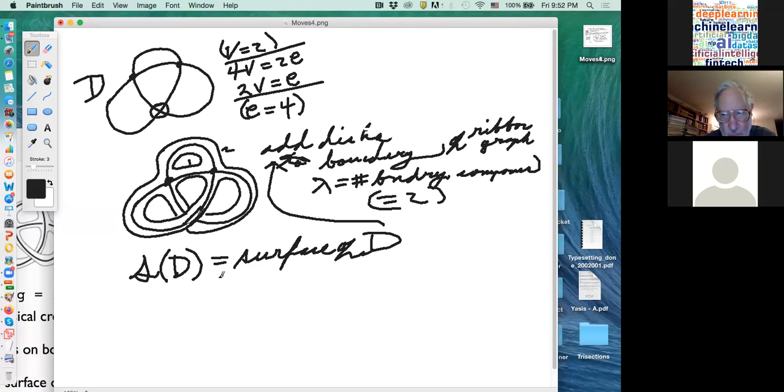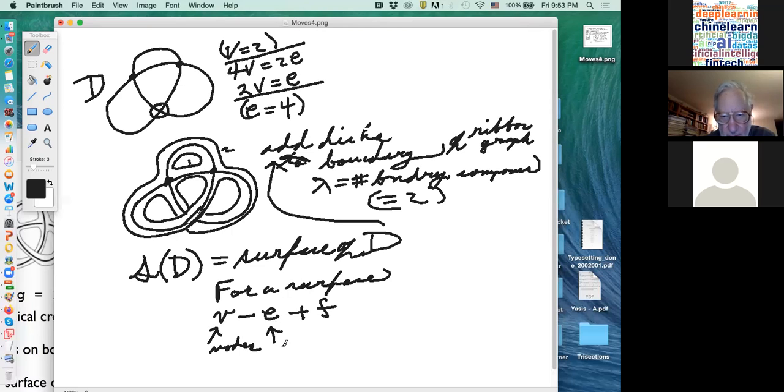Okay, now we have to know that for a surface, the vertices minus the edges plus the faces. This means nodes, edges, and disks.